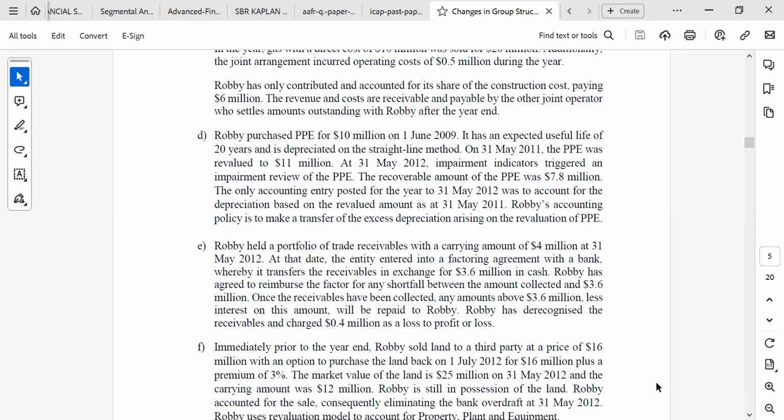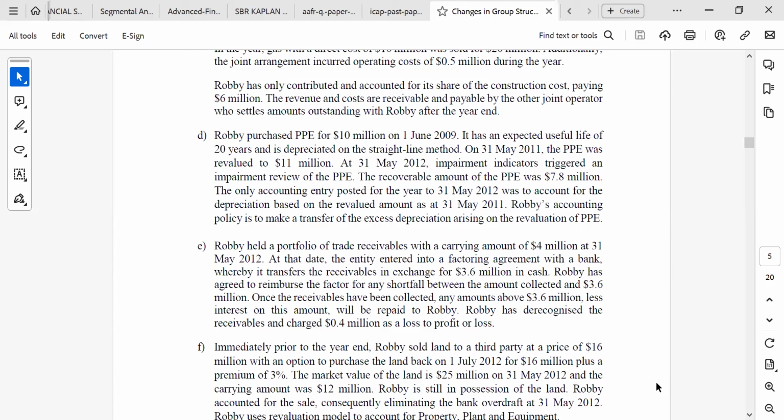Factoring without recourse is where the entity will sell the receivables to the factoring company or the factor, and that will be the final payment. The question will say that it is a final payment. If the factoring company is able to receive any amount in excess of the amount given, no disbursements will be given to you.